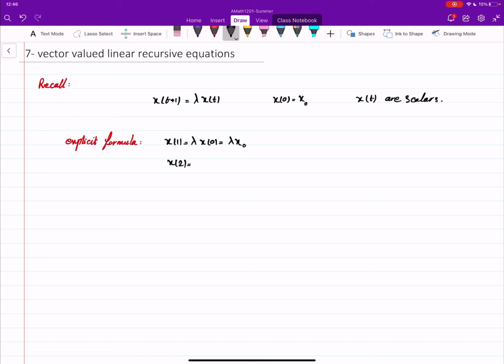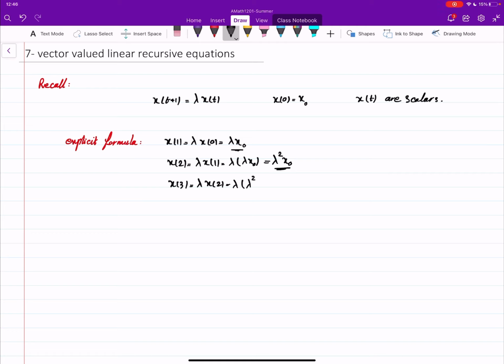How about x2? x2 is by the equation lambda times x1, but we already found that x at 1 is lambda x0, so I plug in, I get lambda squared x0. How about x at 3? Well, it's lambda x at 2. X at 2 is lambda squared x0.